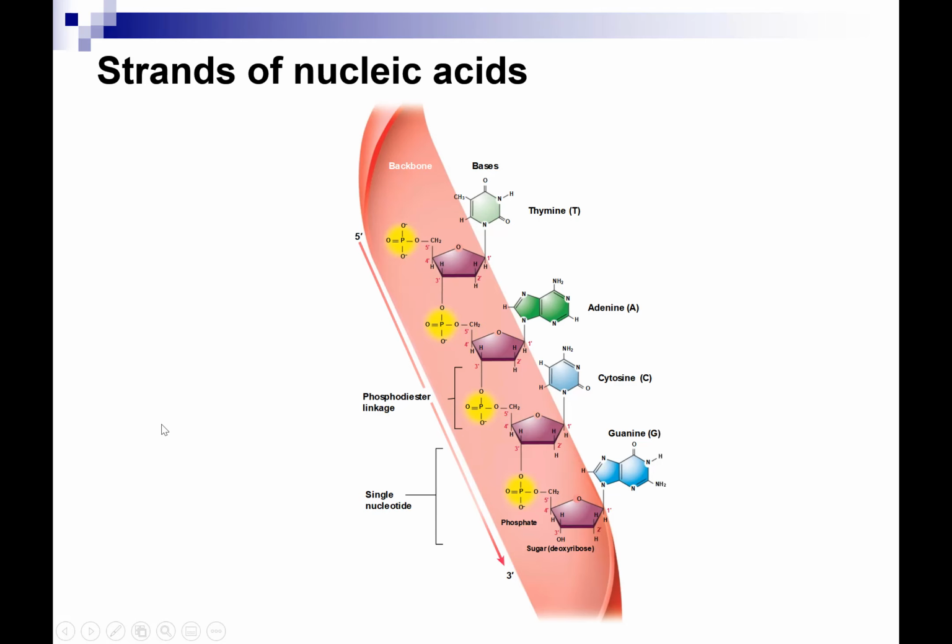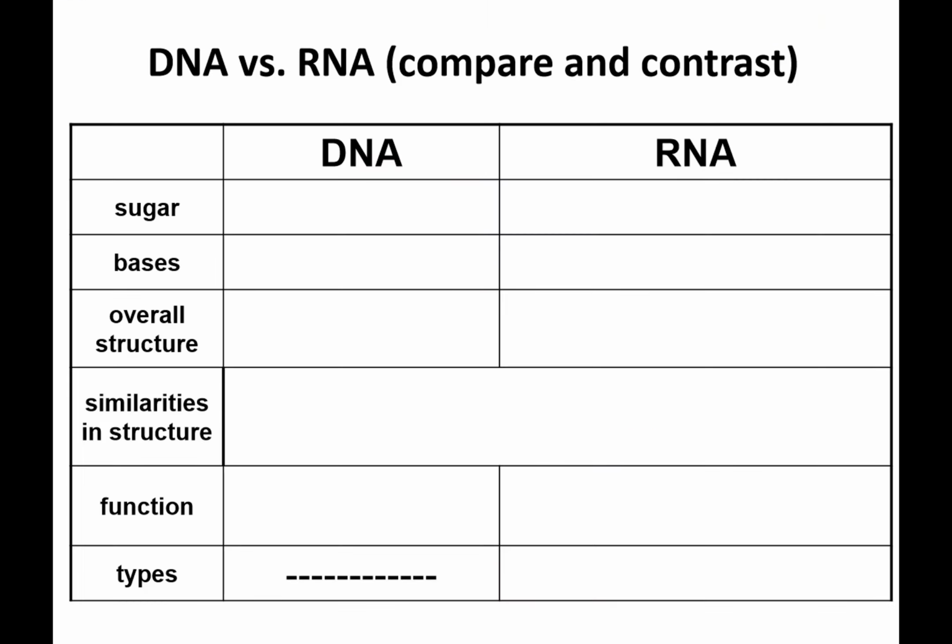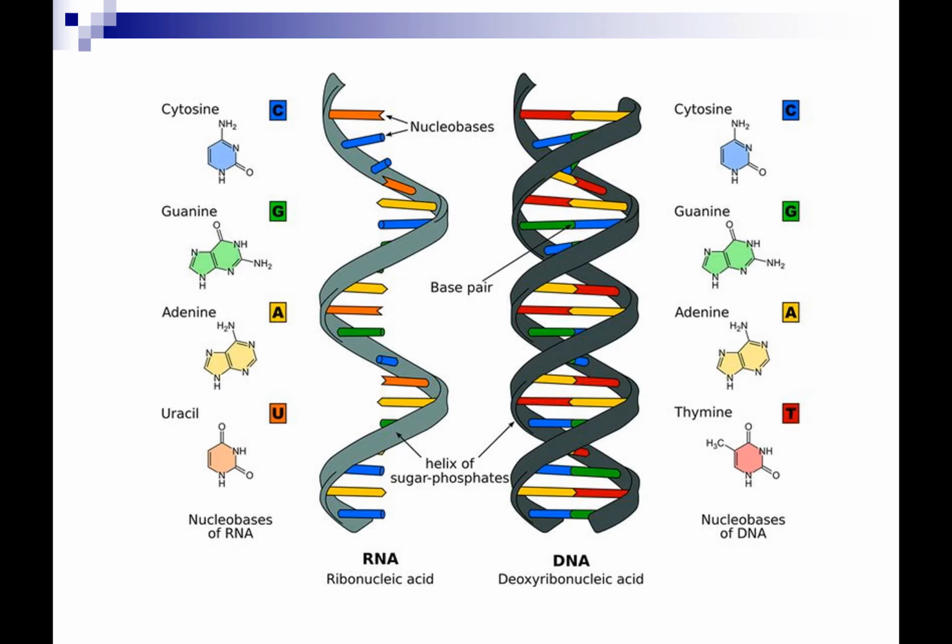Okay, let's finish up with a little bit about RNA. Strands of nucleic acids, what works for DNA works for RNA. So I think we did this chart back with the macromolecules. If not, I highly suggest you print it out. Test yourself.